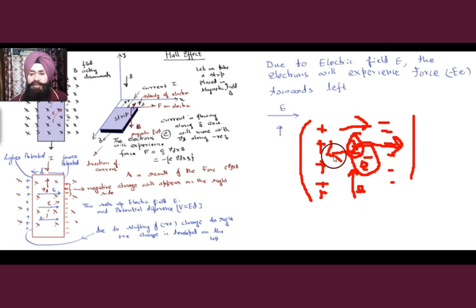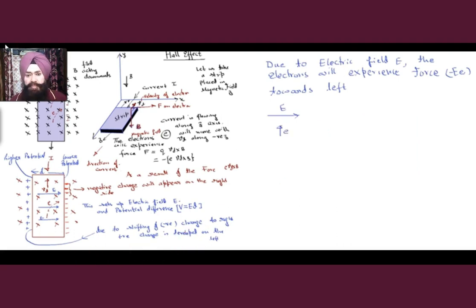So the electron will not move to this side or to this side when the two forces become equal. The tendency of the electric field is to force the electron to move this side, and the magnetic field tendency is to force it the other side. Now there will not be more accumulation of negative and positive charges, because a stage comes when the electric force and magnetic force become balanced.